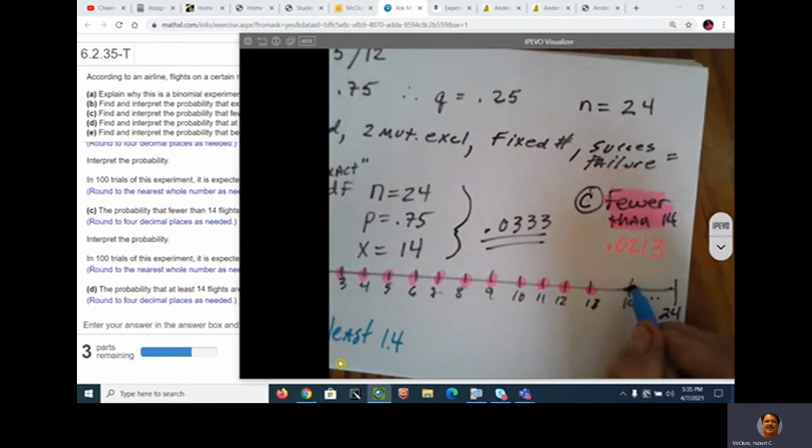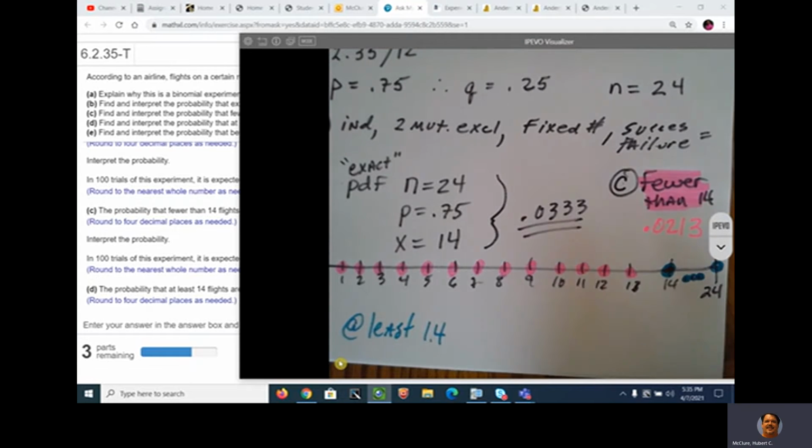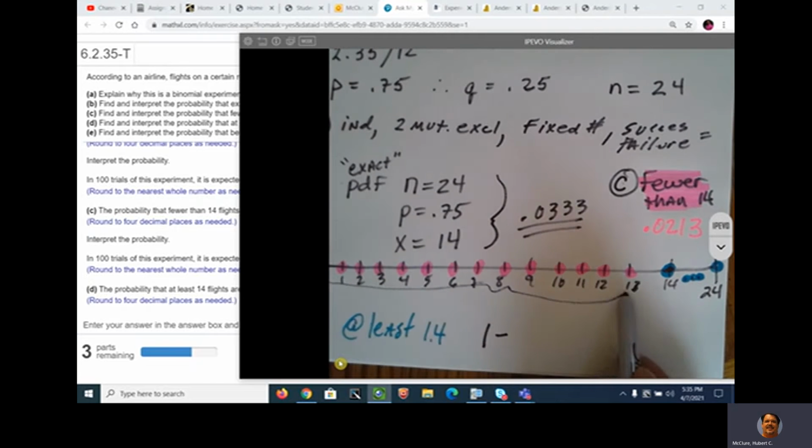That's going to be 14, 15, 16, 17, all the way up to 24. So I'm going to take my probability of 1, and I'm going to subtract the probability of all these guys, and that's going to leave this probability right here.